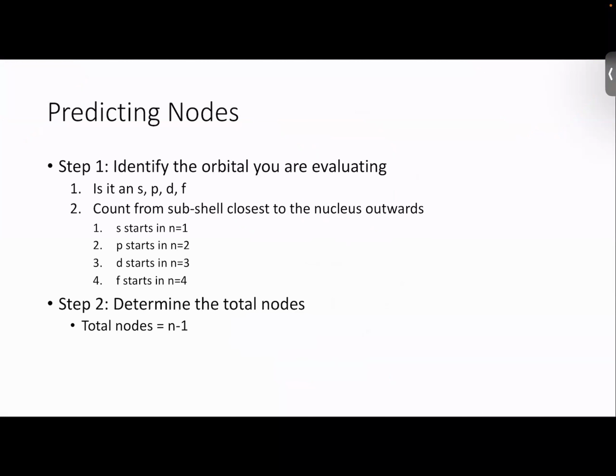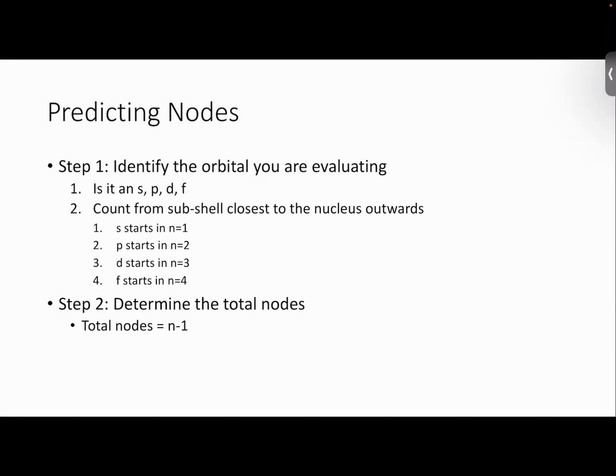In the previous slide, I said it's a sphere, it has to be an s. So you're going to identify the type of orbital you're dealing with based off of its shape. Is it an s, meaning sphere? Is it a p, meaning dumbbell? Is it a d, meaning most of them are a cloverleaf? What is it?